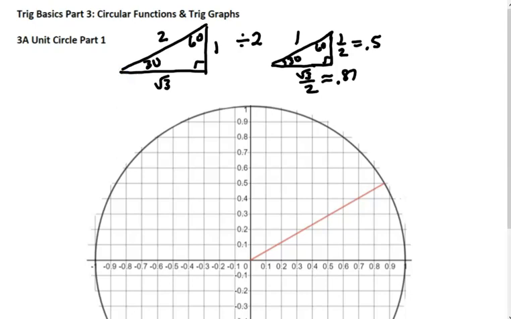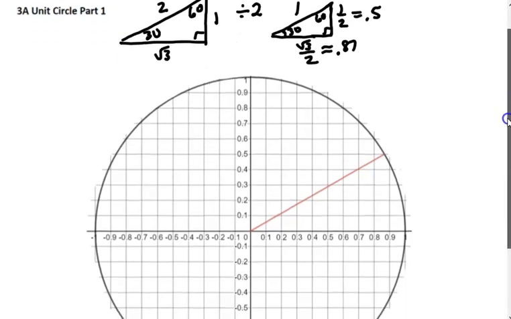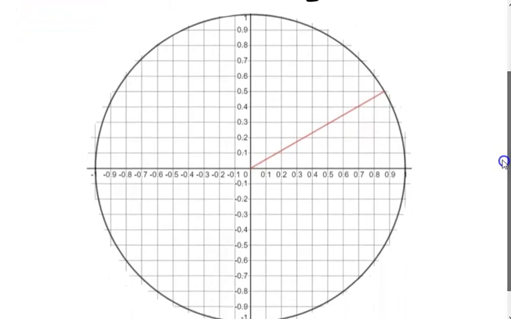The reason I did that is that you'll notice that this unit circle down here, we know it's a unit circle because it has a radius of 1, is labeled in decimal values. So I know that this is a 30-degree angle because of two things. The opposite side here is 0.5, and 0.5 is 1/2. So the length of this side is 1/2, or 0.5.